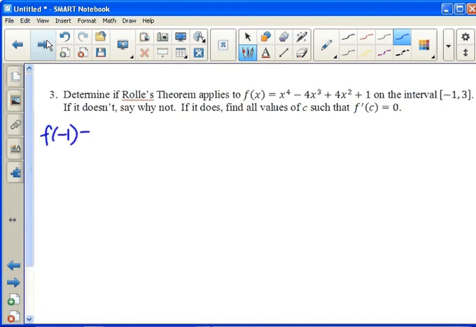That is a requirement. So we're going to get 1 plus 4 plus 4 plus 1, which is 10. And then if we plug in 3, we get 3 to the 4th is 81, minus 3 to the 3rd is 27 times 4. Oh goodness.